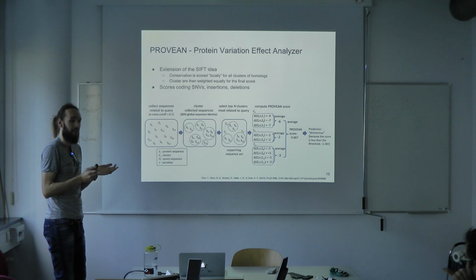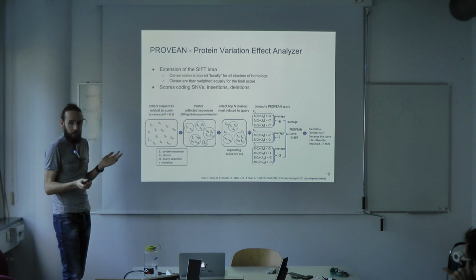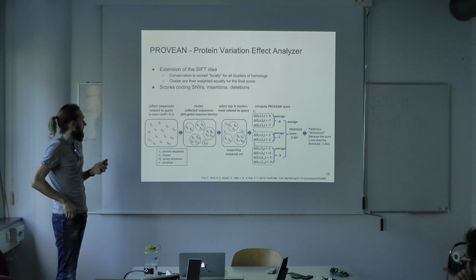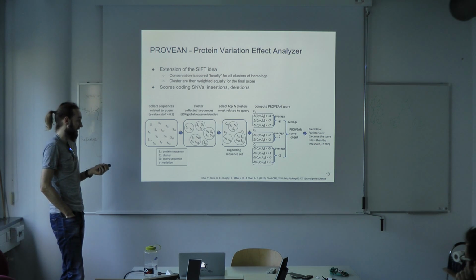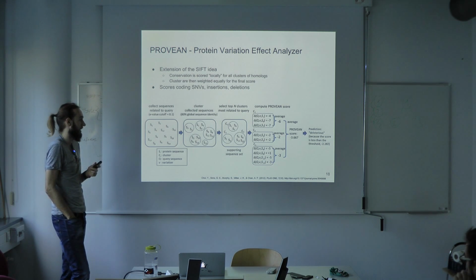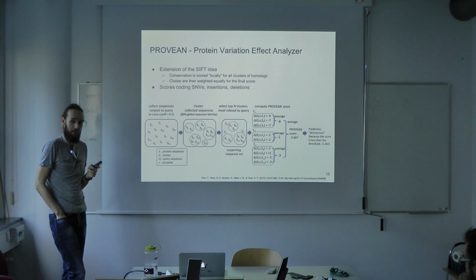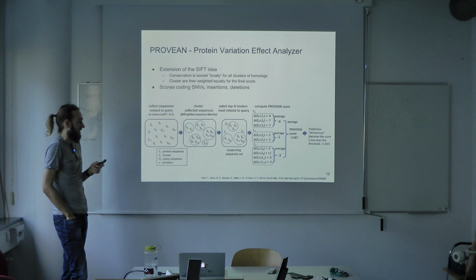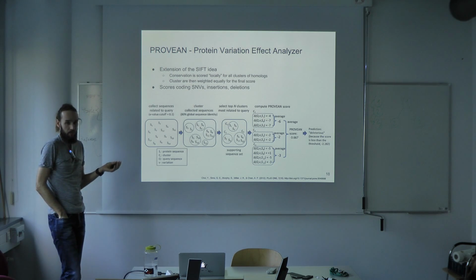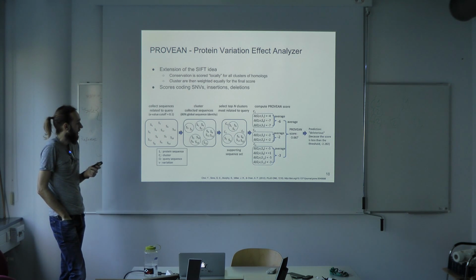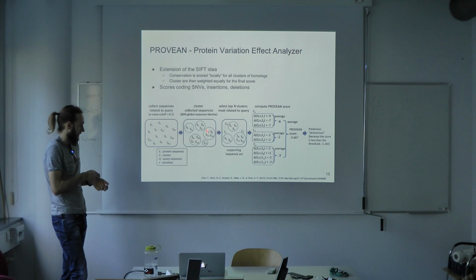Before, we built one big multiple sequence alignment out of all of them. What they do here instead is, first of all, they cluster them. They use CD-HIT, again our clustering algorithm, at 80% sequence identity. Then they get clusters of sequences that are more similar than 80% sequence identity.